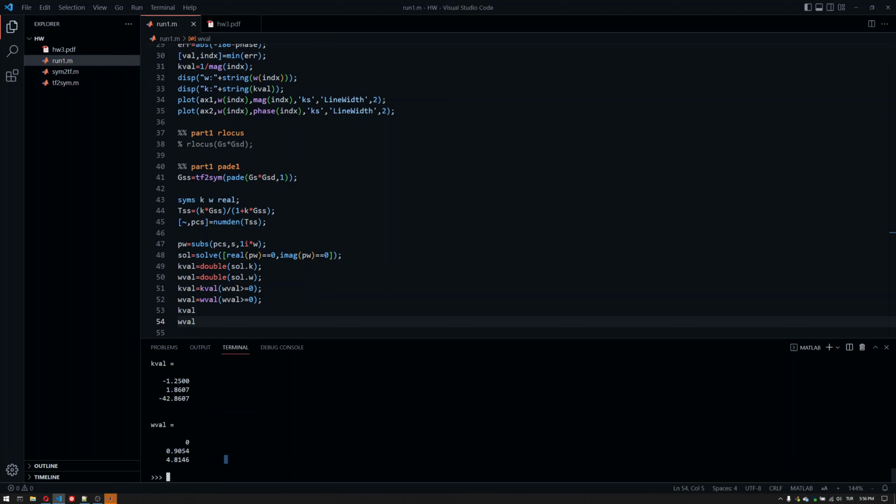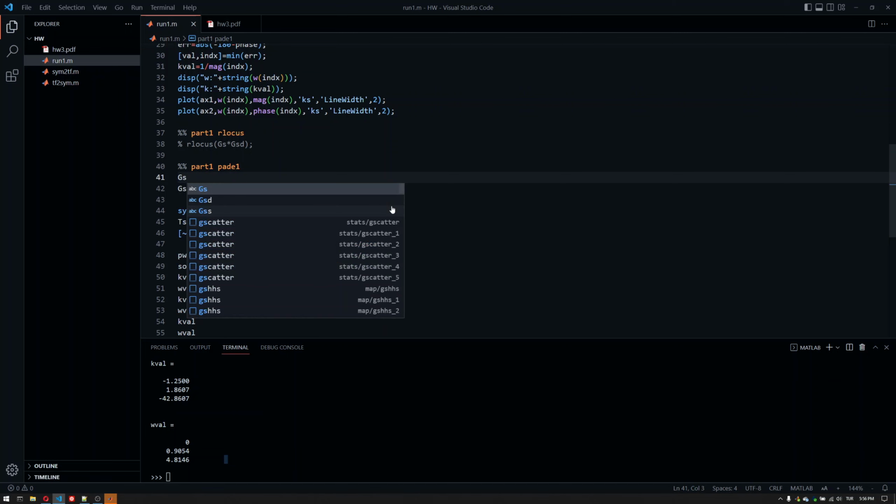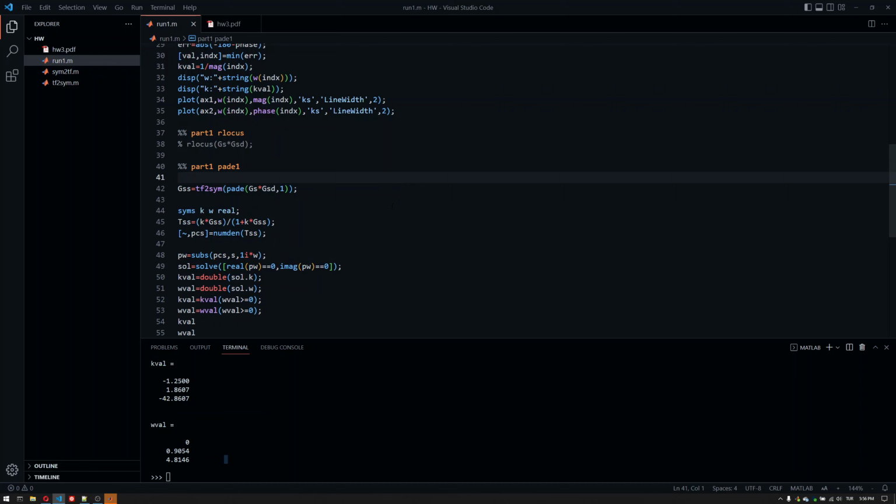4.81. Now, since I also can now plot the transfer function here, so let me call it GSD. I'm going to take this one here, GST. There we go.